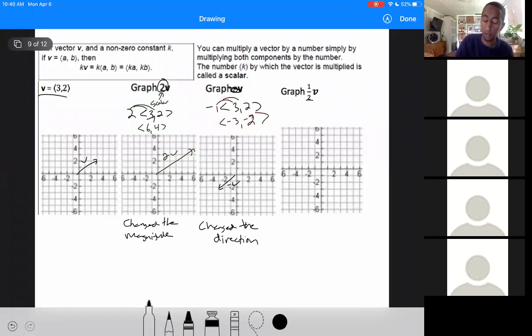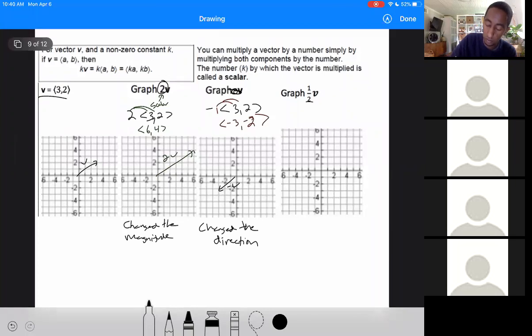When you multiply by a half, that'll be a half times 3 comma 2. It would distribute the half. It would be 3 over 2 comma half times 2 is 1. So now 3 over 2 would be your horizontal component. That's going to the right 1.5 and then up 1.